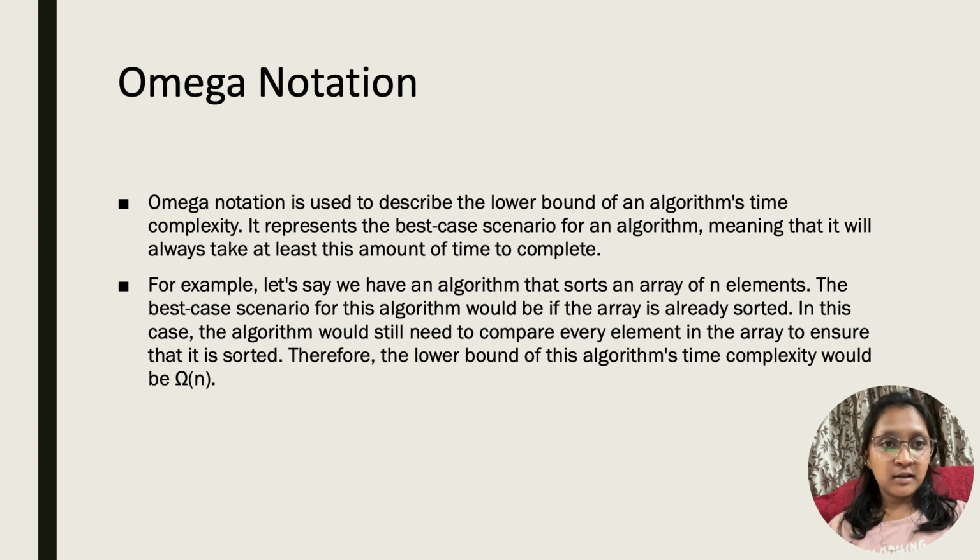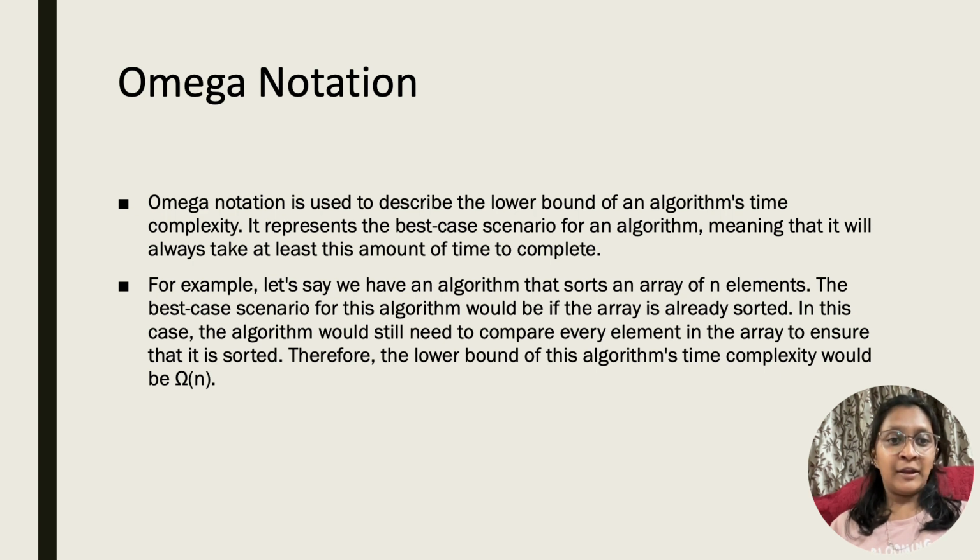And now let us discuss about omega notation. Omega notation is used to describe the lower bound of an algorithm's time complexity. It represents the best case scenario of an algorithm, meaning that it will always take at least this amount of time to complete. For example, let's say we have an algorithm that sorts an array of n elements.